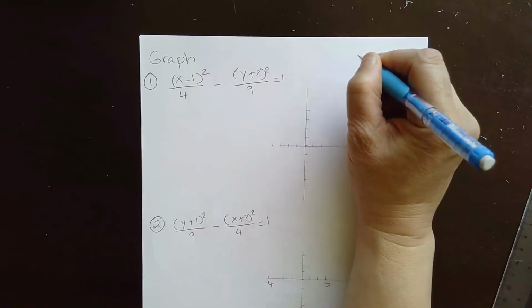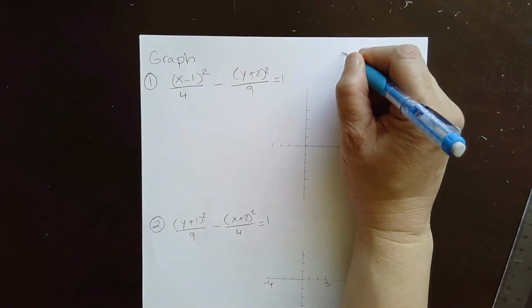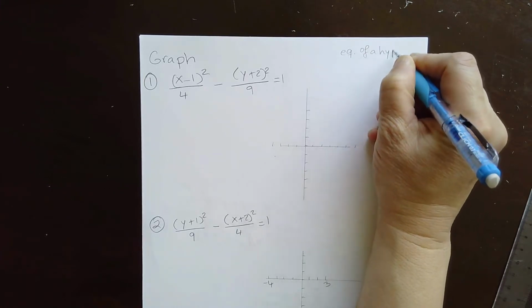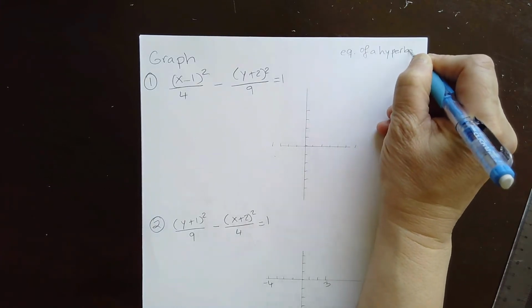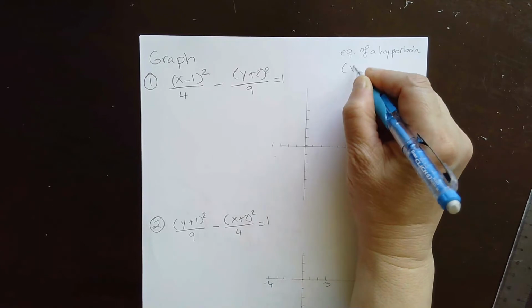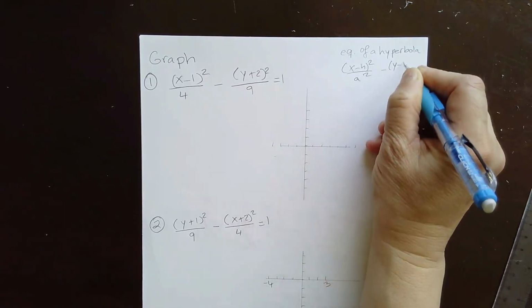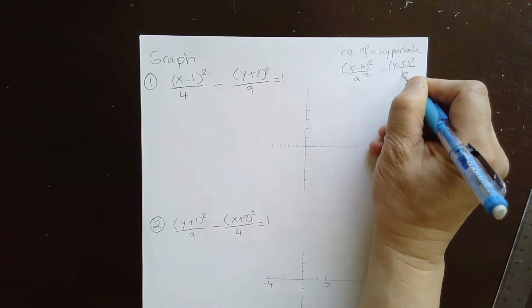Now if you recall, the equation of a hyperbola centered at (h, k) would be (x - h)² over a² minus (y - k)² over b² equals 1.